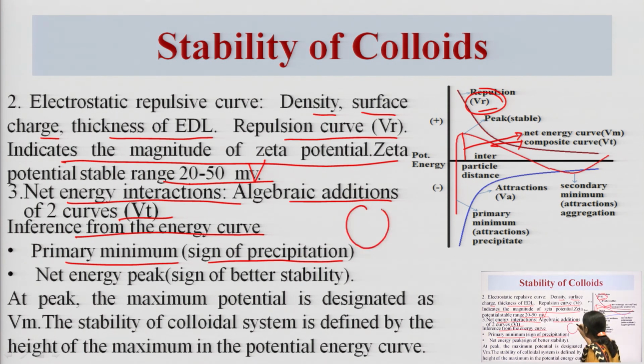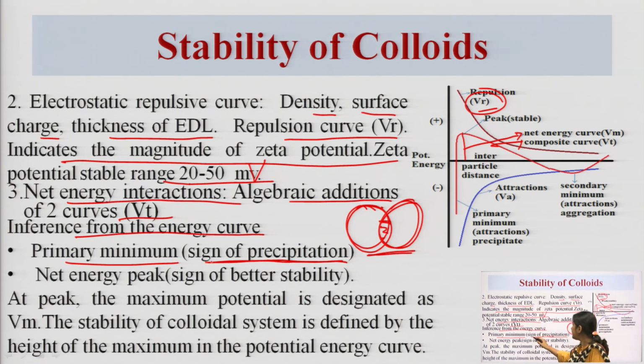As they come close, their atomic orbitals overlap, and the distance is so small that it can overcome the repulsion force, and each particle penetrates the other's atomic orbital. So, here precipitation takes place.